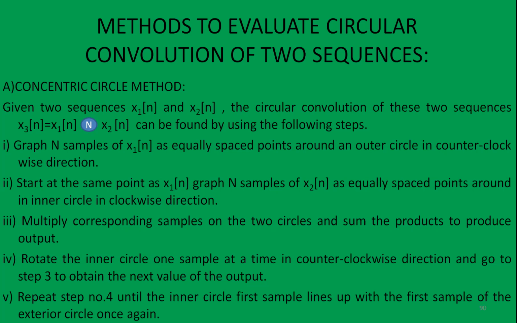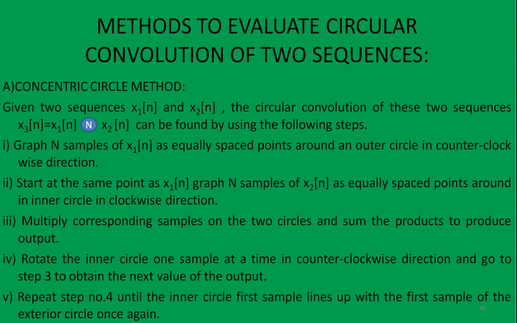The outer circle should remain the same, it is stable, but concentrate on the inner circle. The inner circle is rotated one sample at a time in the counterclockwise direction, and go to step 3 to obtain the next value of the output. That means repeat the procedure: multiply corresponding samples and sum the products to produce the output.